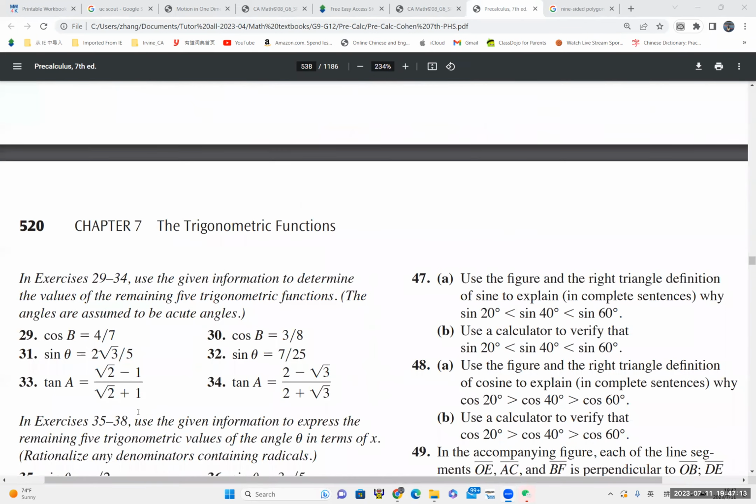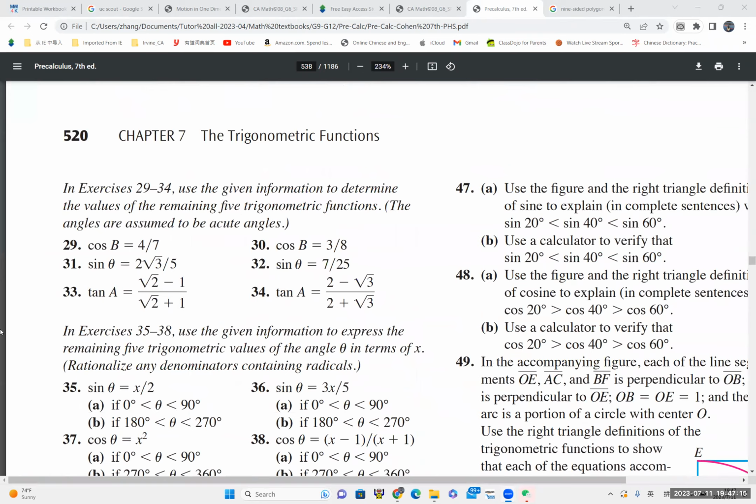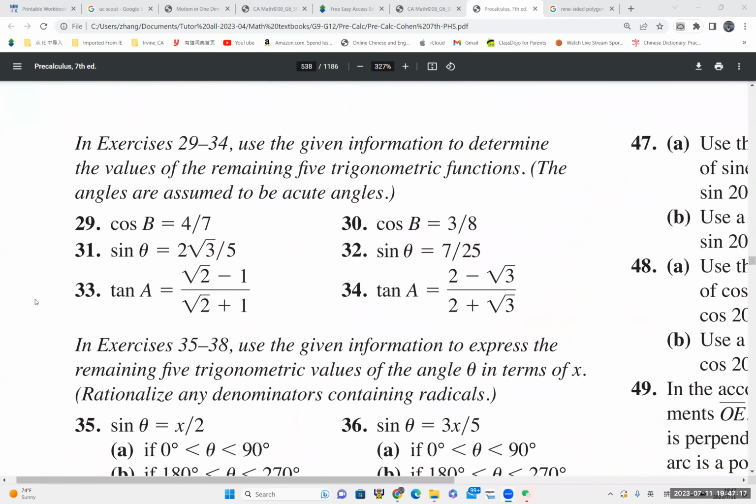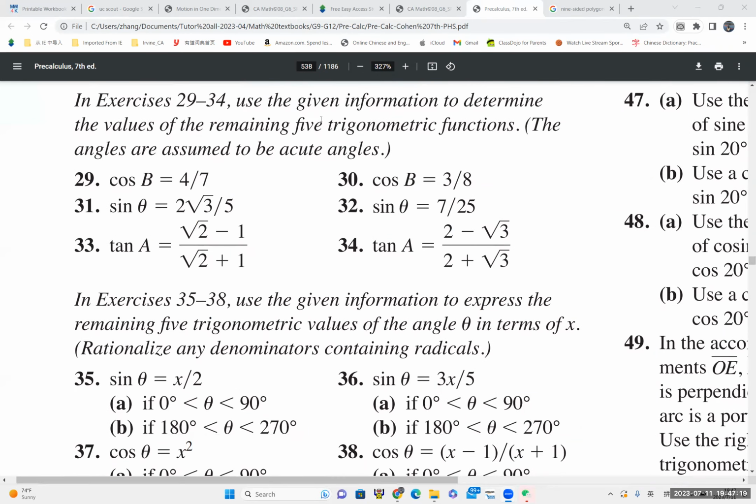How about here? Use the given information to determine the value of the remaining 5 trigonometric functions to be accurate. Yeah, let me try one. How about I do this?